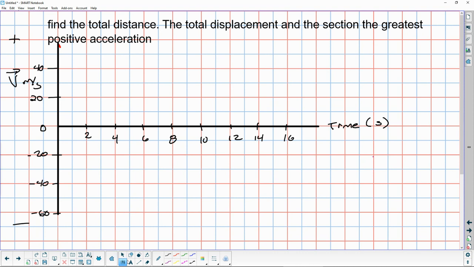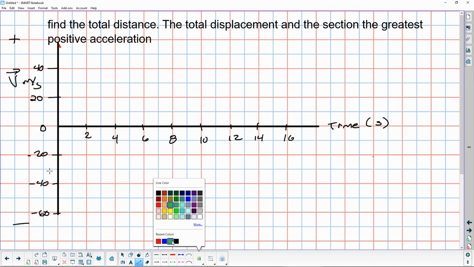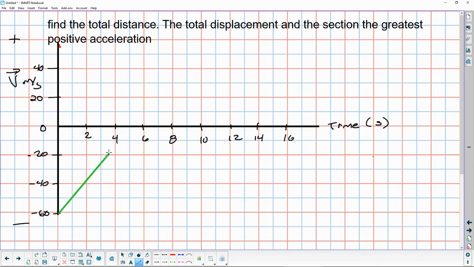Okay, we'll start our trip, and we'll do this in green. So let's start at negative 60. Go up to negative 10 at 4 seconds. Okay, and then we'll go straight across to 8.